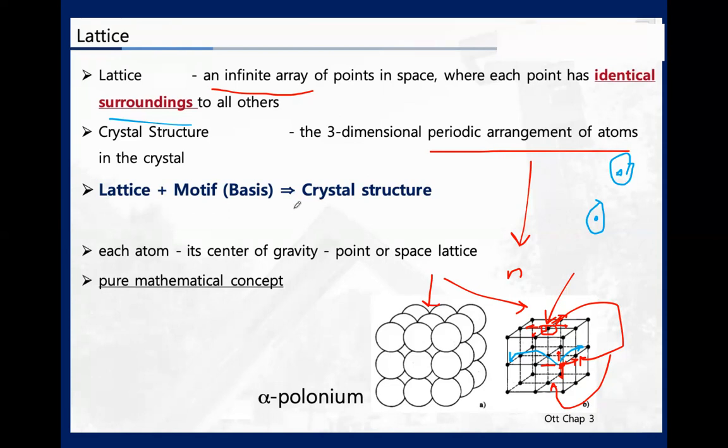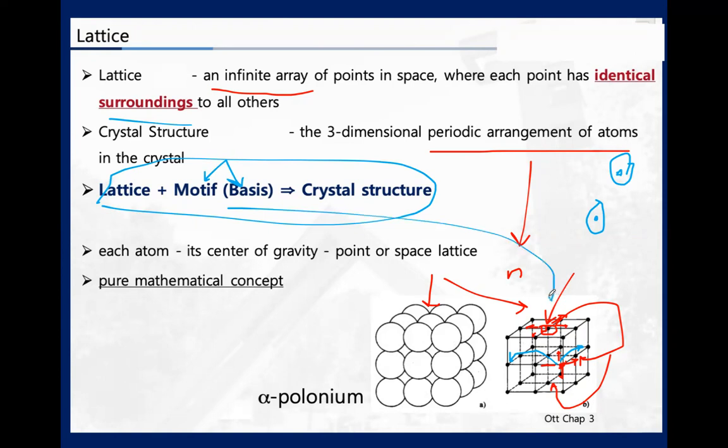The overall crystal structure is defined by the lattice and something called a motif or a basis. The motif or basis means how these lattice points are arranged. Overall, the lattice plus how it is arranged means the crystal structure.